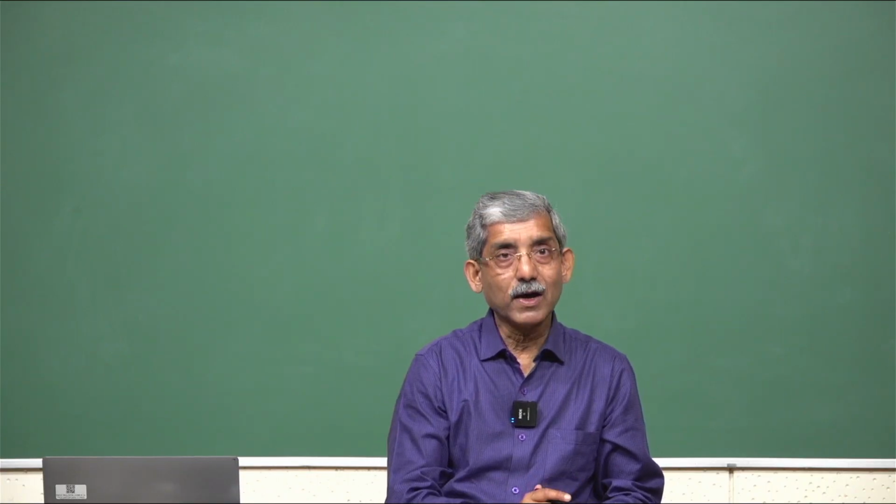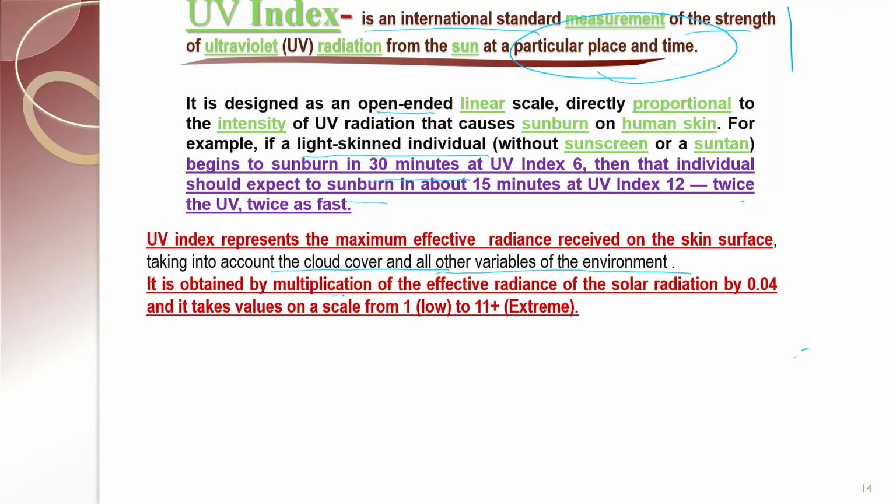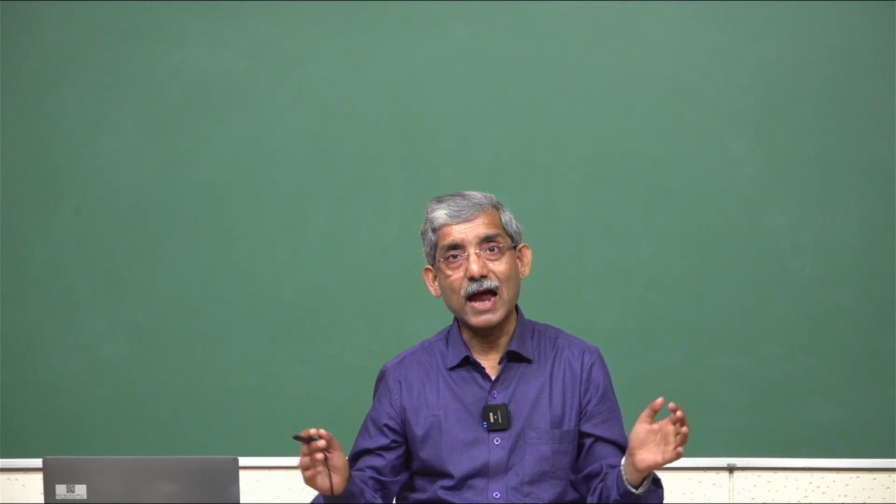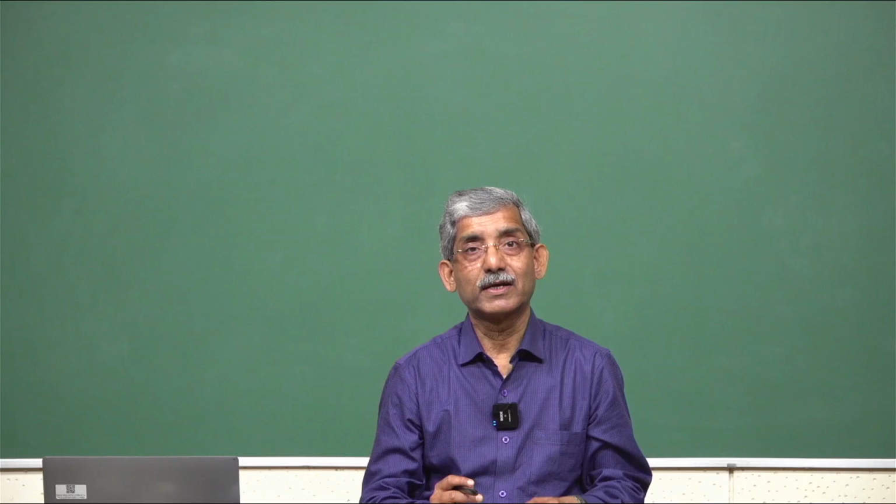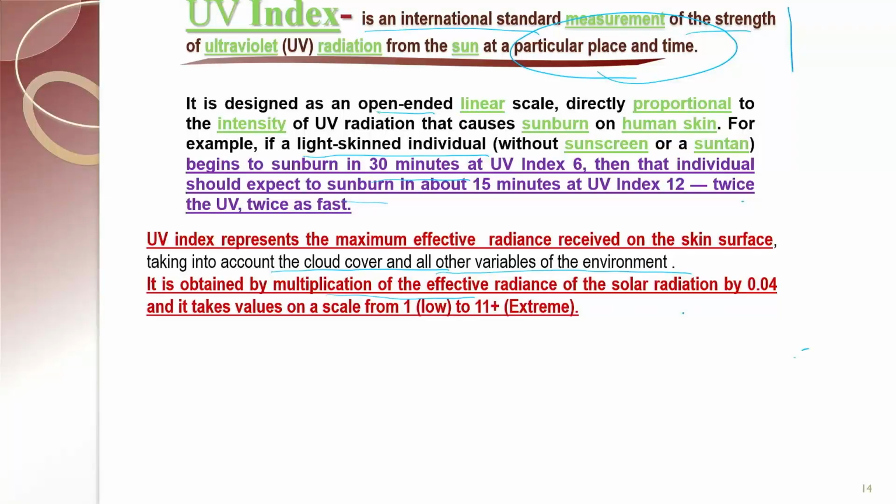It is obtained by multiplication of the effective radiance. So, the total radiance at different levels of UV, like UV A, UV B, all the radiance coming will be added, the total effective radiance of the solar radiation, and we multiply by 0.04.